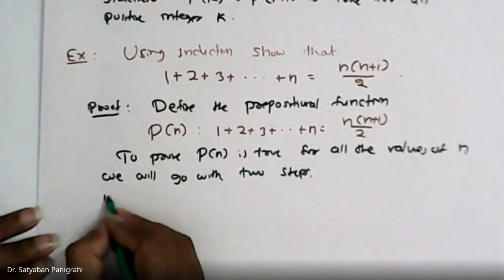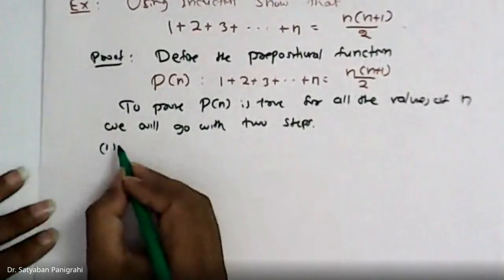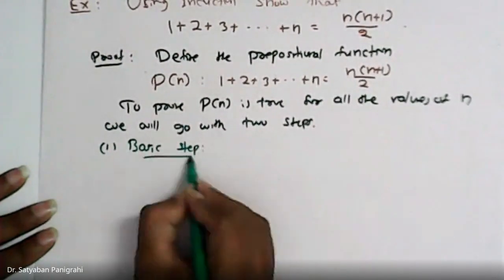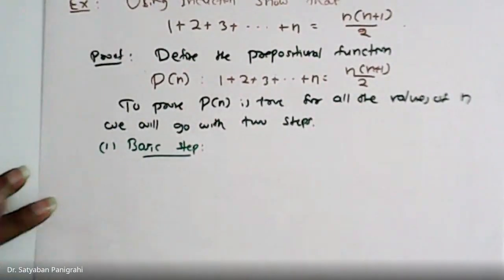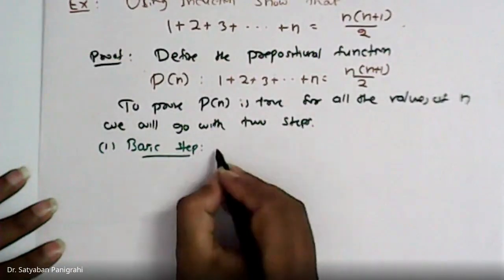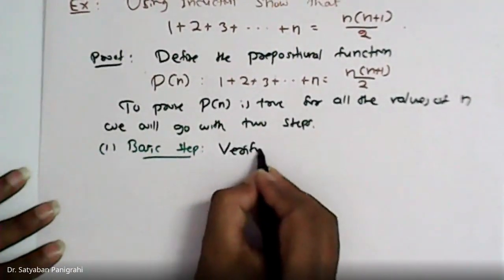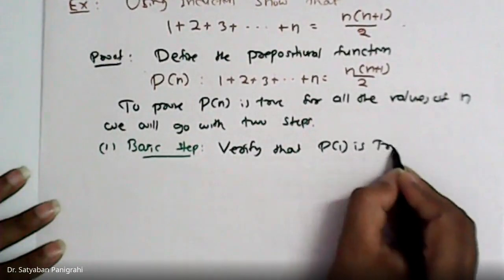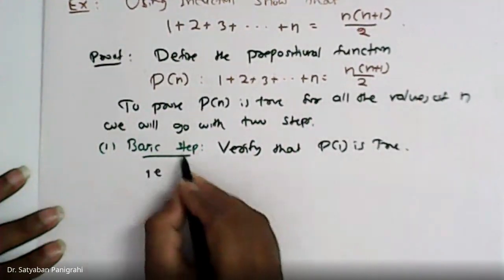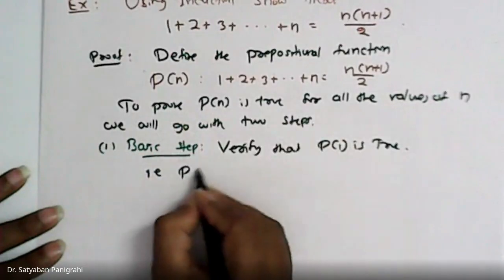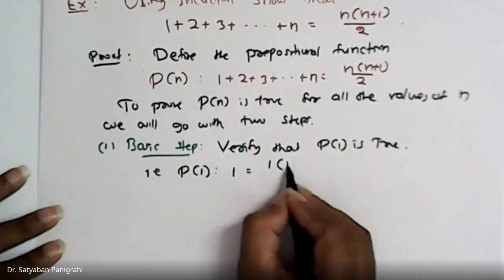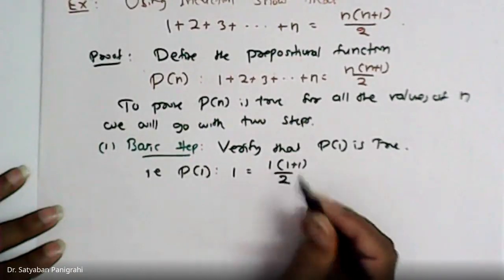Now, our first step is basic step. Here, we simply verify that P1 is true or not. So here, we verify that P1 is true. Now you can see that Pn equal to this much. So what about P1? P1 statement will be 1 equal to 1 into 1 plus 1 divided by 2.